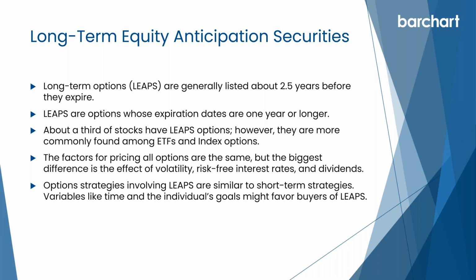If options are expensive or we're in a high implied volatility environment, then we're probably going to lean towards those strategies where we want to sell options. It's no different between short-term and LEAPS. It ultimately comes down to how options are priced and how we view them. Are they being priced fairly, cheap, or are they expensive?